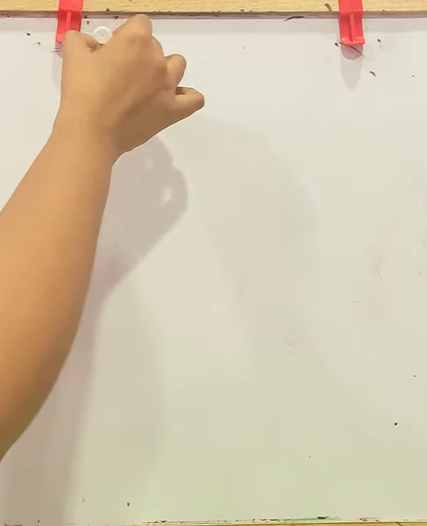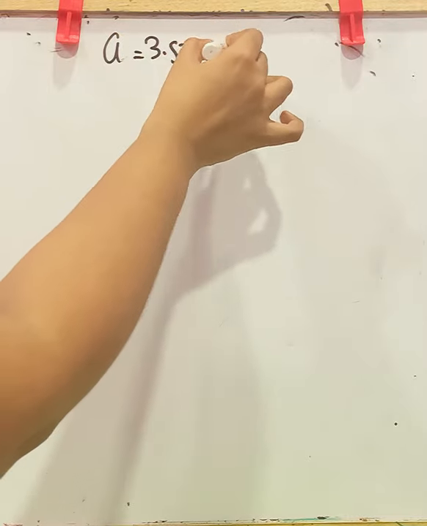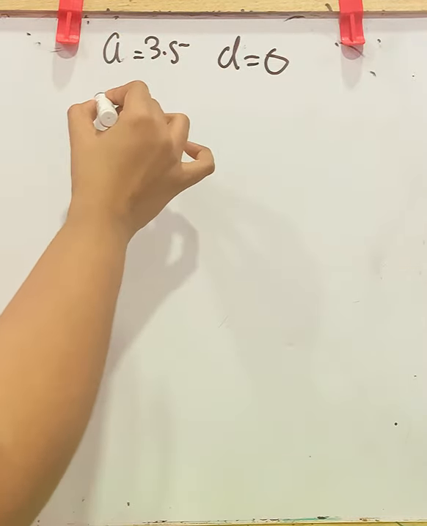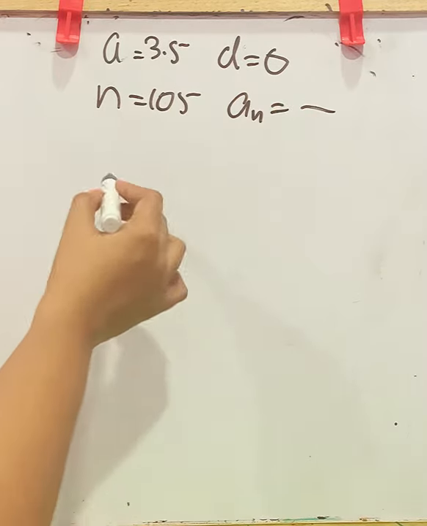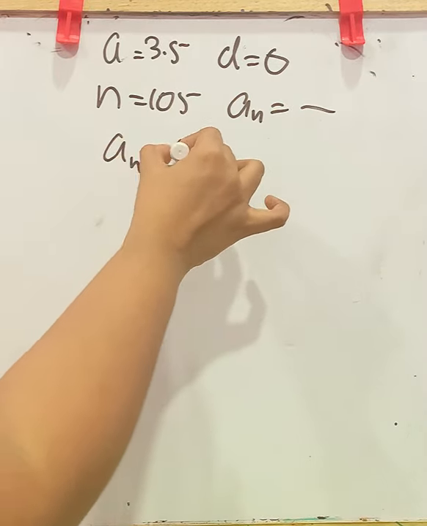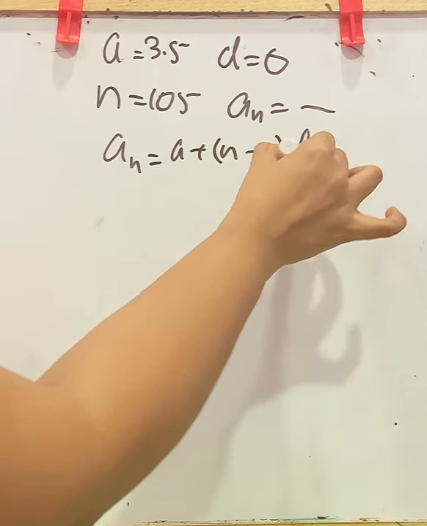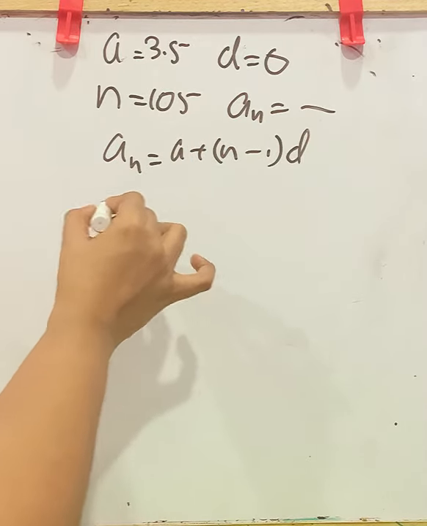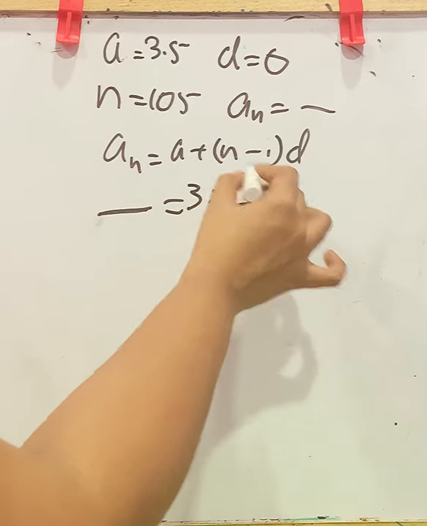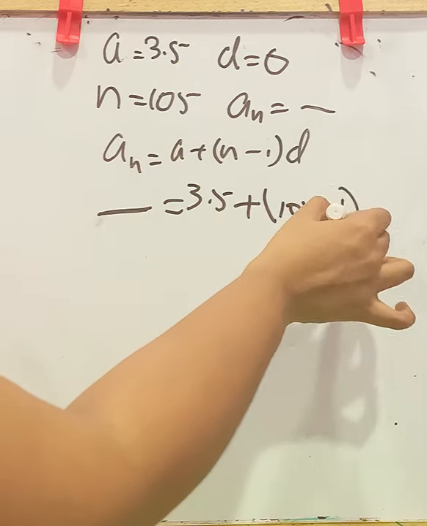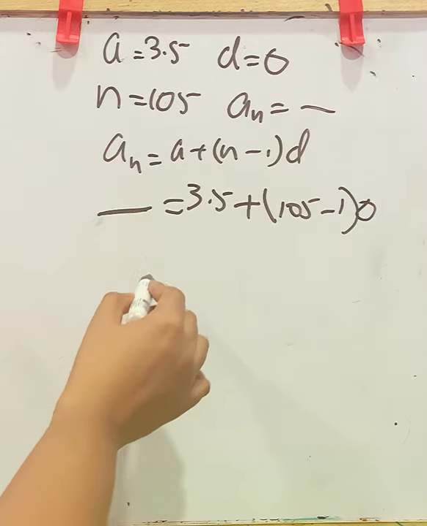That is a equal to 3.5, d equal to 0, n equal to 105, an equal to dash. Again, an equal to a plus n minus 1 into d. An is, we don't know the value. So a is 3.5 plus n is 105 minus 1 into d is 0.